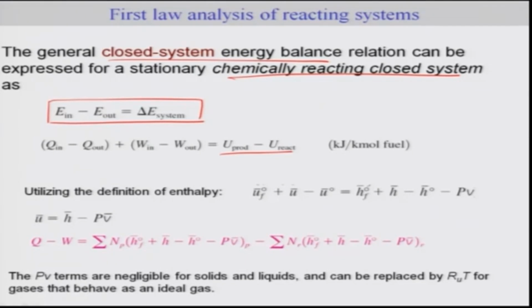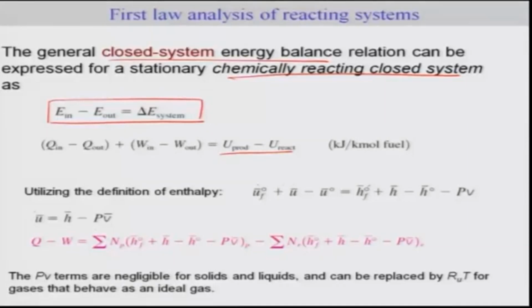But as we already discussed, our table A-26, the table which we have used, contains the enthalpy values, and we can rewrite this expression of the energy balance for the closed chemically reactive system in terms of the enthalpy.